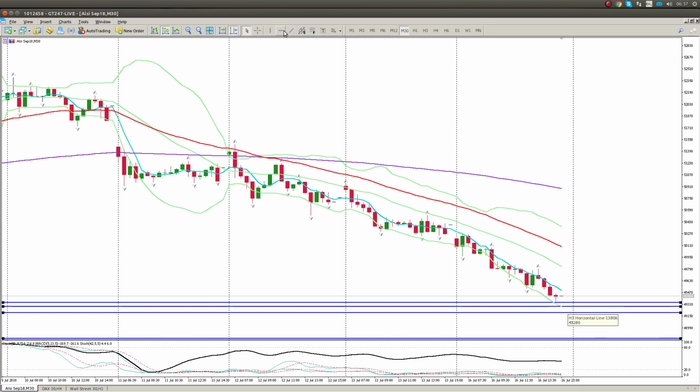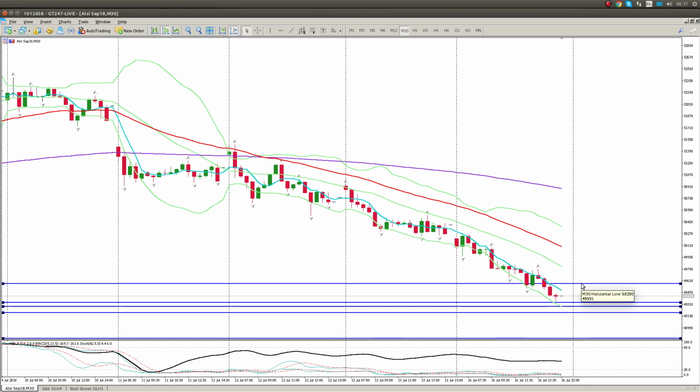If we do break above 49,590, that is the closing range. Okay, and then you can expect us to get some upside.